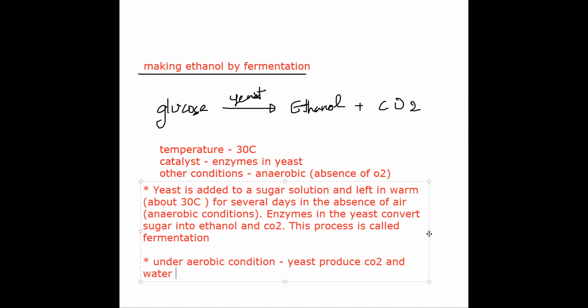Again, it's about the enzymes. What will happen when we increase the temperature? They denature, because enzymes are proteins. The optimum temperature for this reaction is 30 to 40 degrees Celsius. At lower temperatures, enzyme action will be very low.